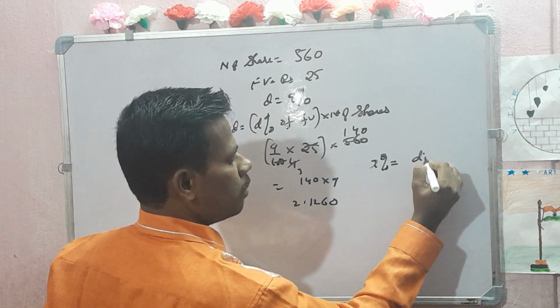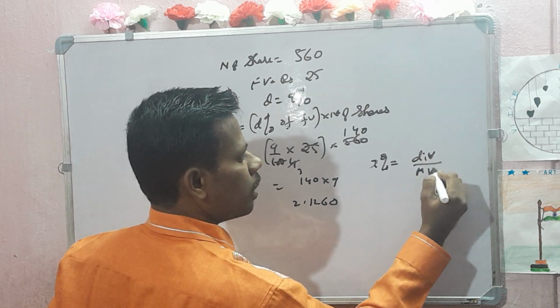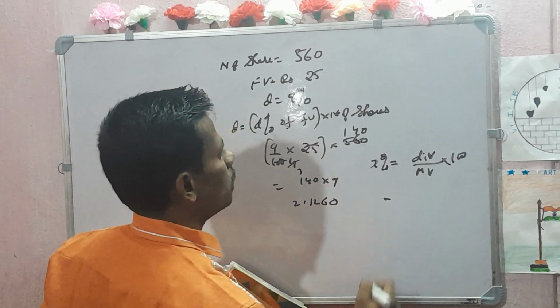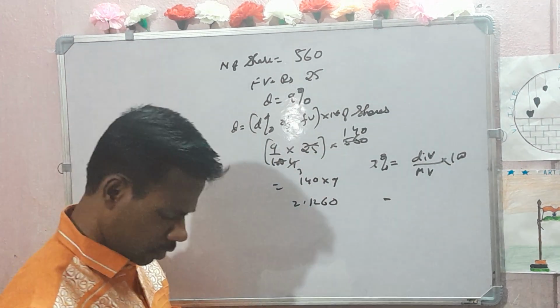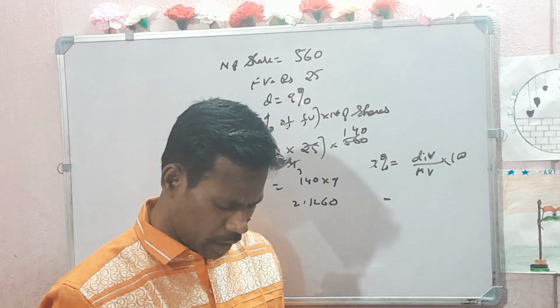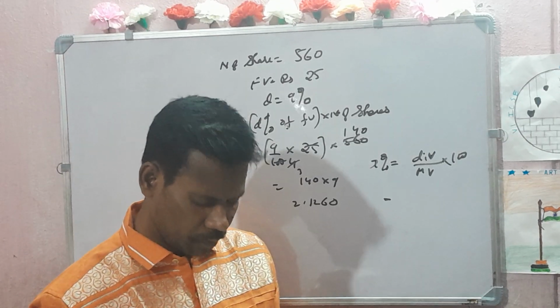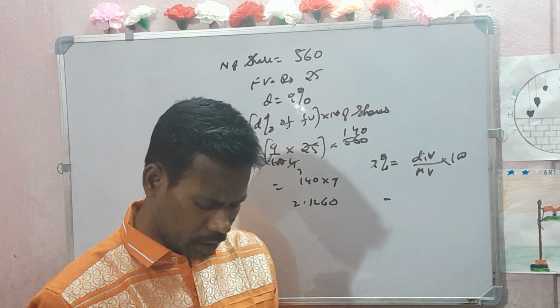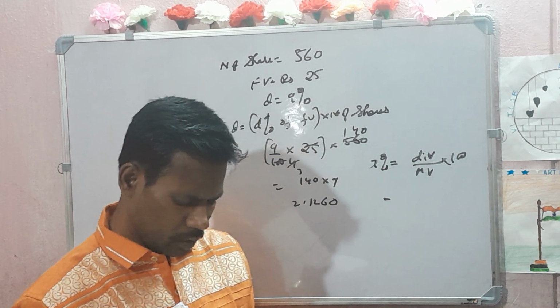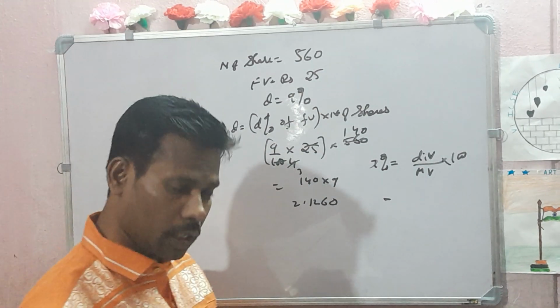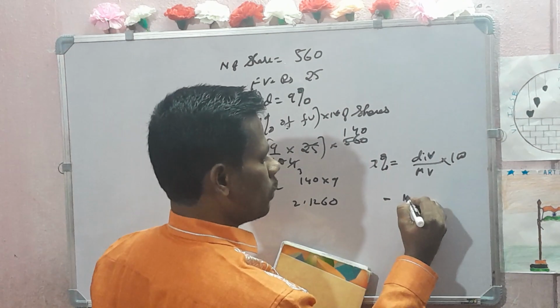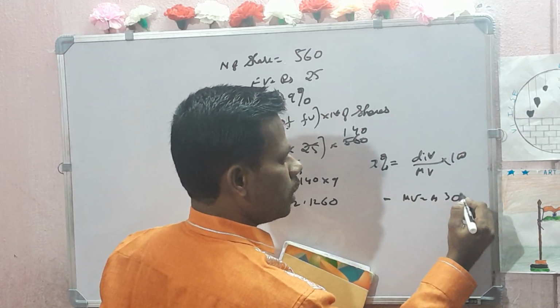That is rate percentage equal to dividend by market value into 100. Arun bought the shares at rupees 30 per share, that means market value is 30.